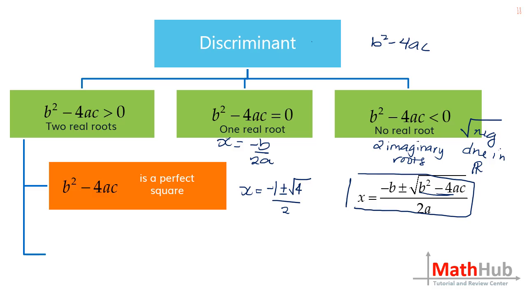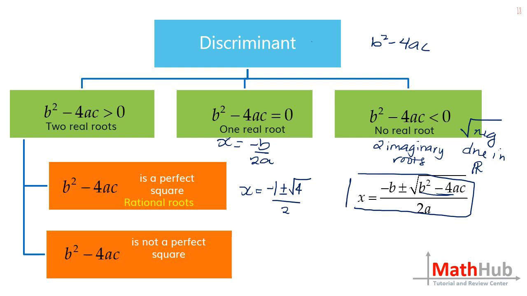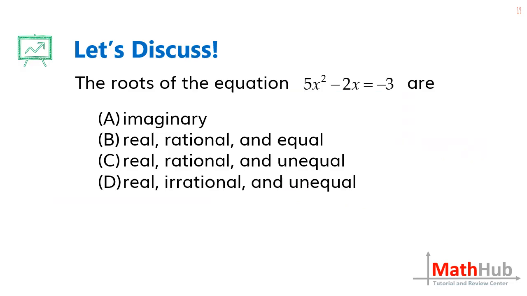Since the square root of 4 is an integer, or 2, the answer for x is a rational root. Whereas if it is not a perfect square, the answer that you will get is an irrational root.